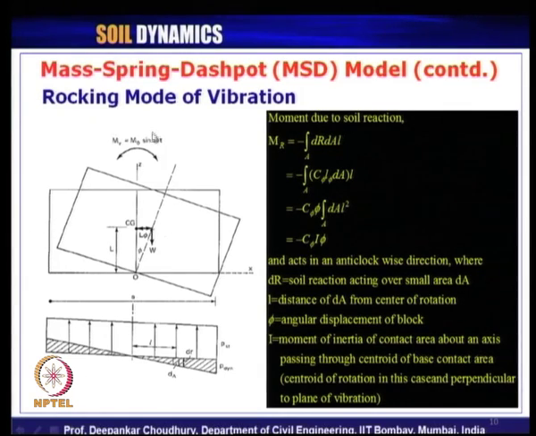Look at here. For rocking mode of vibration, it is rocking about its base. So, this much is the maximum amplitude. How much linear displacement is going to occur? You can multiply it with respect to the height of the foundation. That will give you how much displacement is going to occur in this direction.